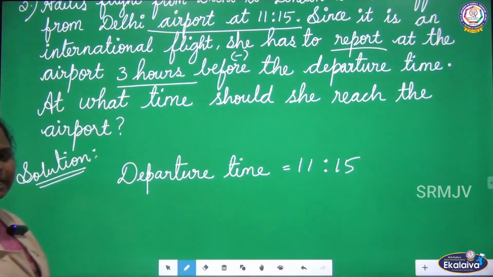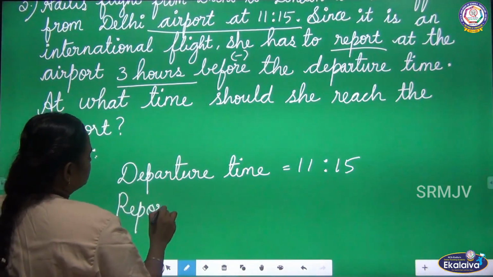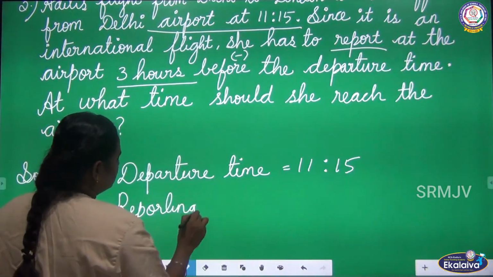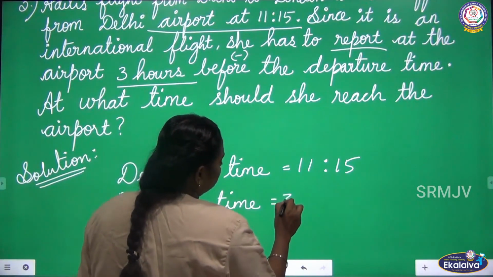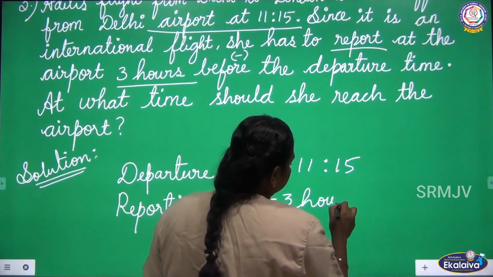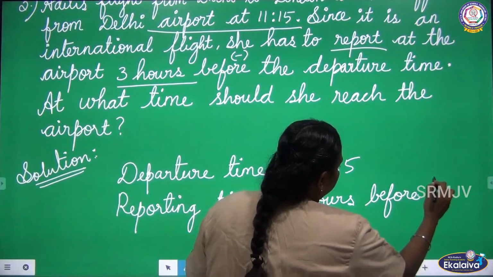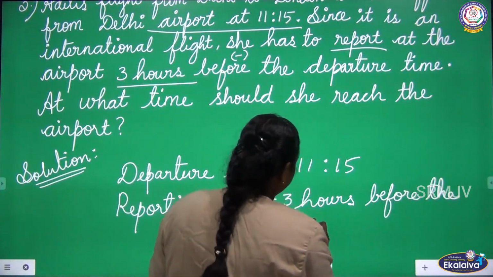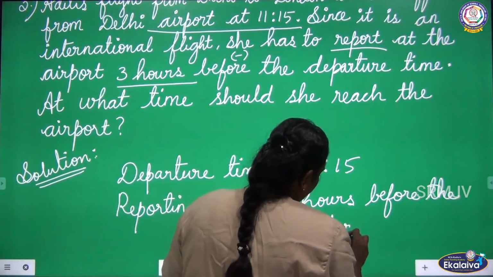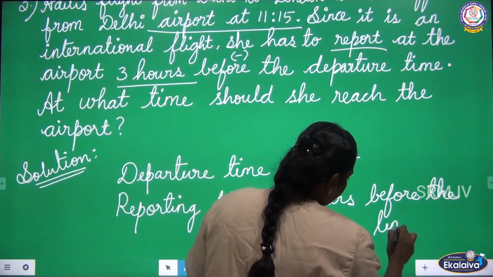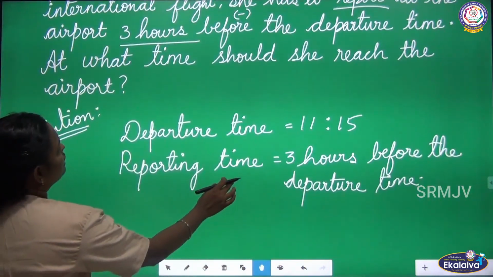Next, what is the reporting time? Reporting time is 3 hours before the departure time.